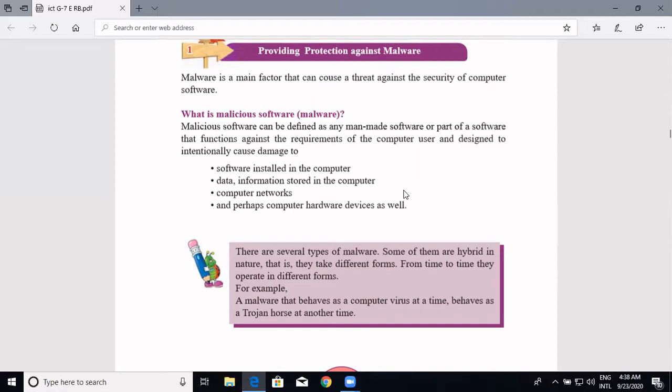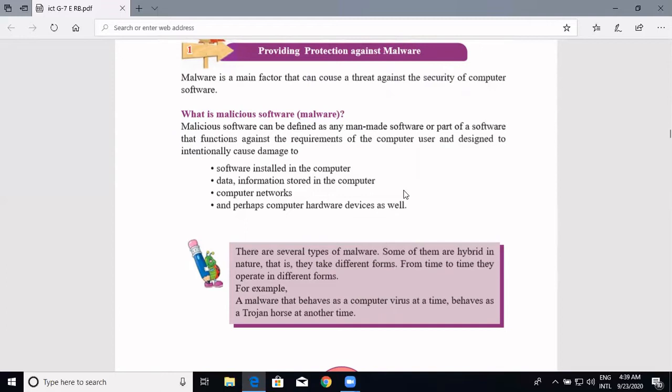For example, it can delete files, it can alter your files, it can capture sensitive data and send it to a third party. These kinds of things, which function against the requirement of the computer user, can cause a lot of damage to your software, to your data, and your computer networks can be totally disconnected, right? And sometimes even the computer hardware can be damaged because of malware. So you have to be very careful, right?